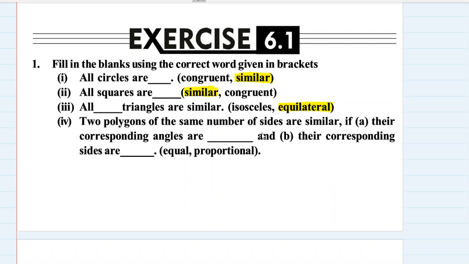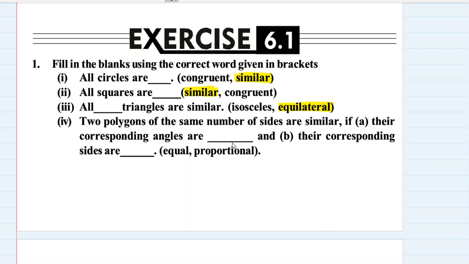Two polygons of the same number of sides are similar if, number one, their corresponding angles are dash and their corresponding sides are dash. Okay, so two polygons. See, the smallest polygon which we know, a closed figure having the minimum number of sides, is a triangle.